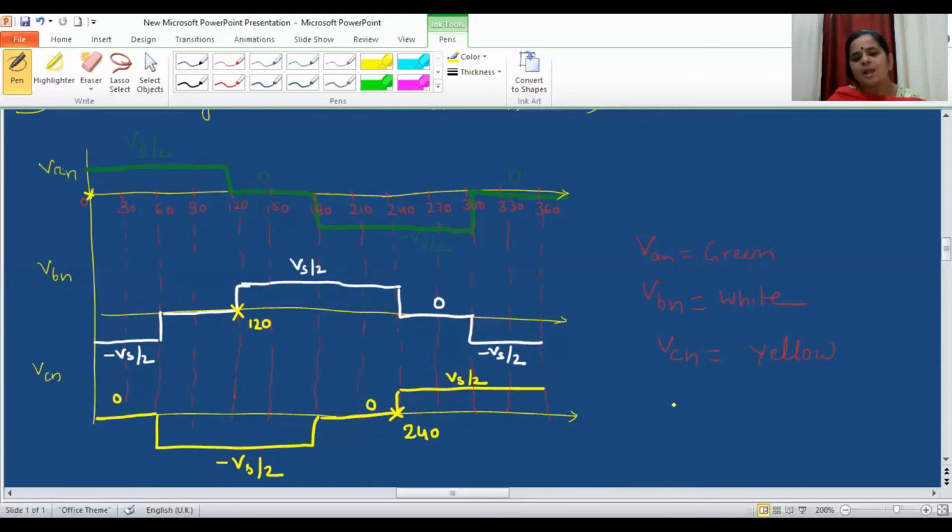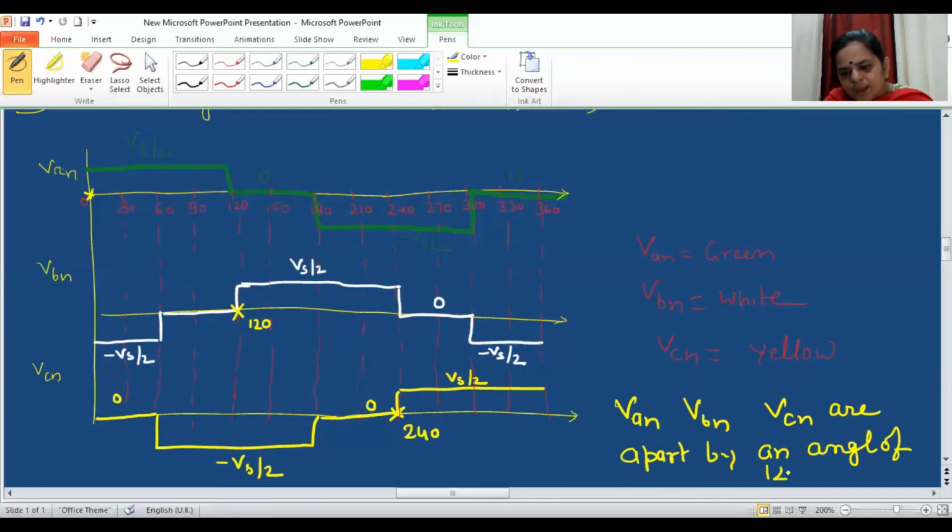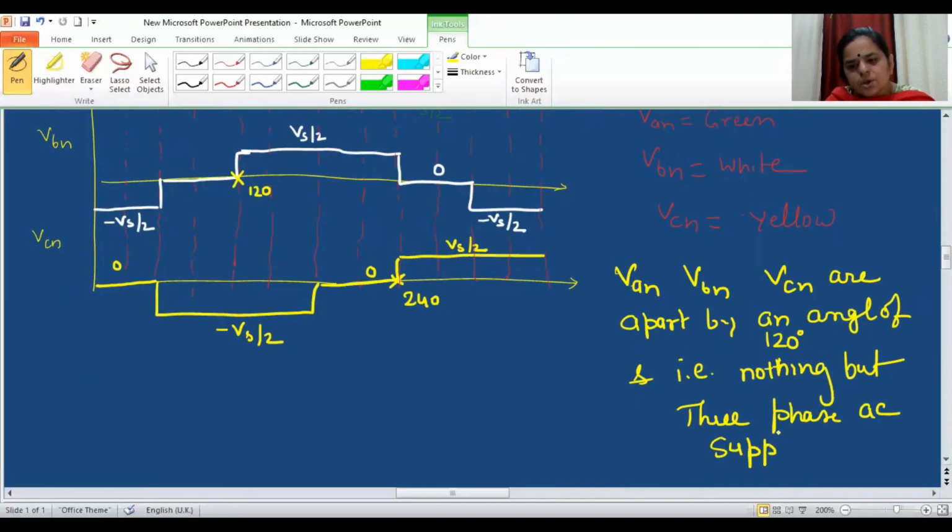So with the help of these waveforms, we can see that VAN, VBN and VCN are apart by an angle of 120 degrees. And this is what a three-phase AC supply is. So it means that we are going to get three-phase AC voltages.